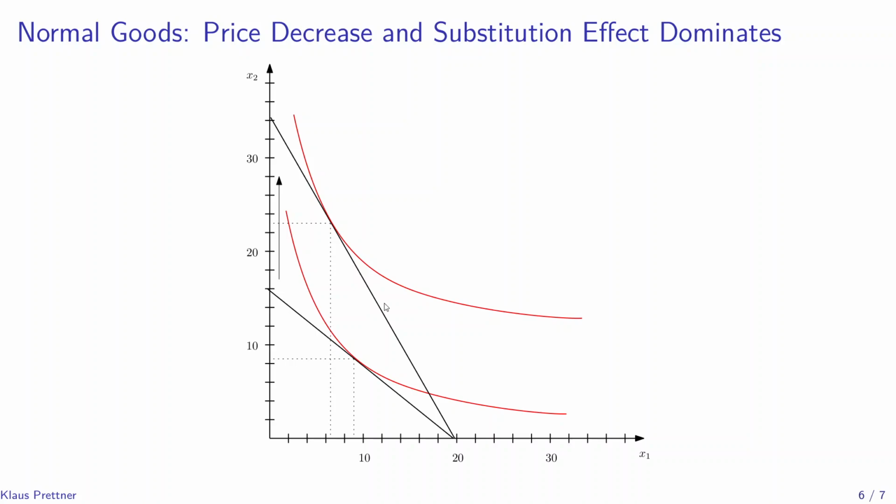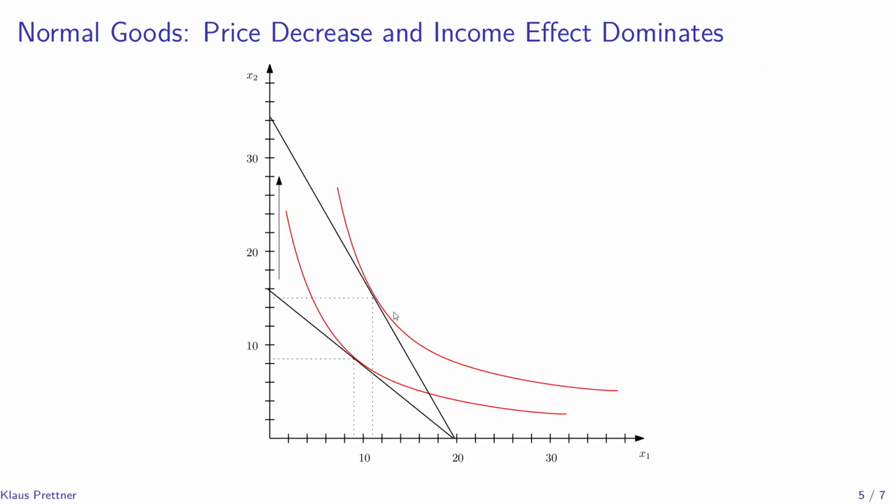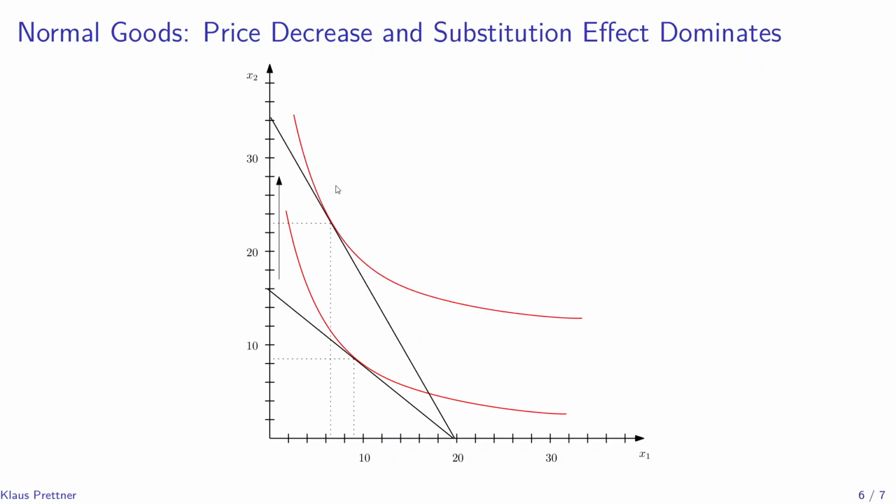However, it could also be the case that the substitution effect dominates. Then we would be in a situation like this one. The change in the budget constraint is exactly the same as in the previous graph, but the preferences are a little bit different. In this case, we would end up with this indifference curve as the one associated with the highest utility level.